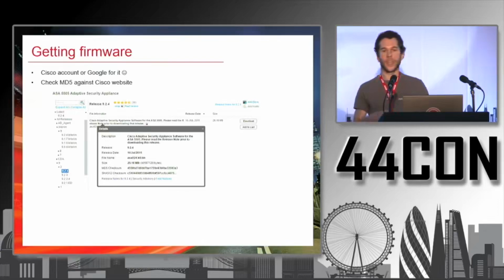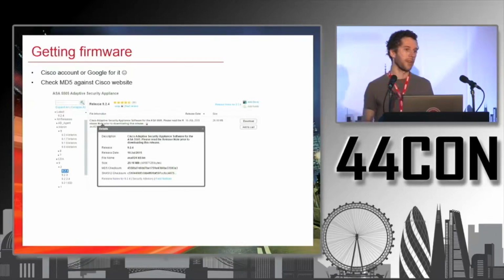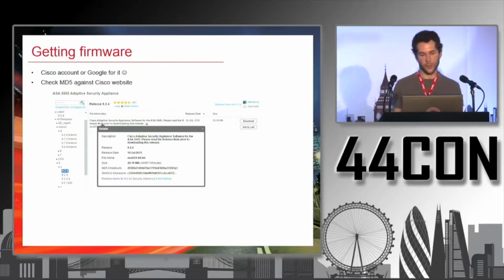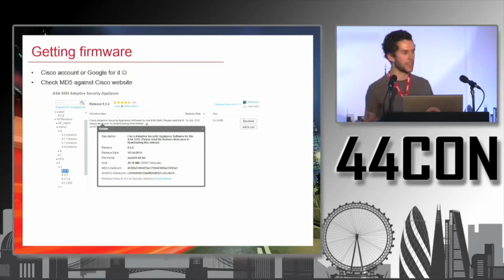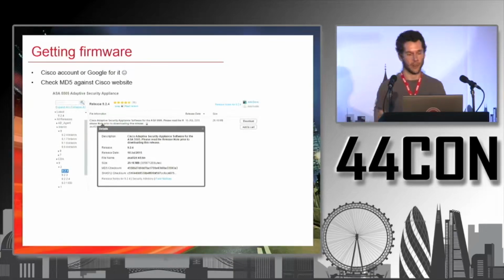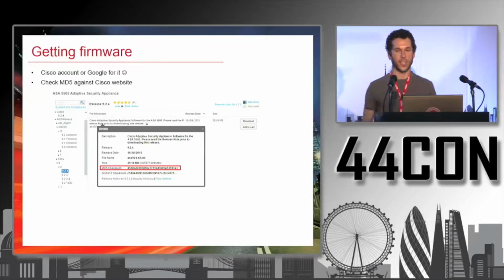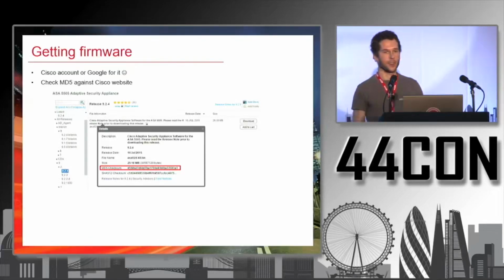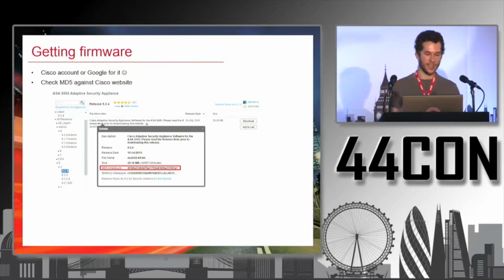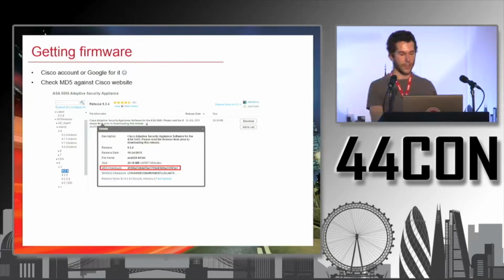If not, you can find most of them on Google, because lots of people need access to their Cisco ASA firmware at some point, and so they share them on their public websites. But anyway, if you find one firmware on the internet, I advise you to check the MD5 against the Cisco website, just in case. Otherwise, you may install a backdoored firmware.